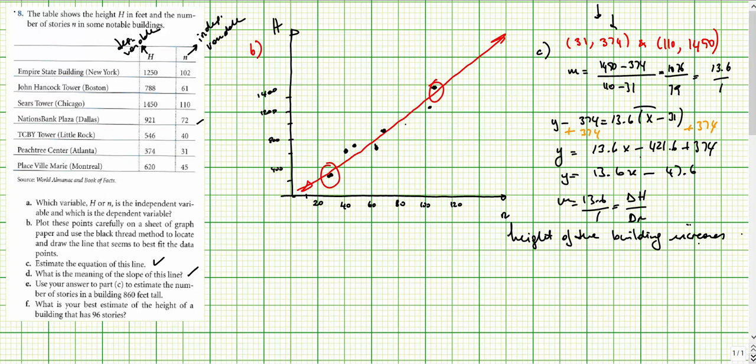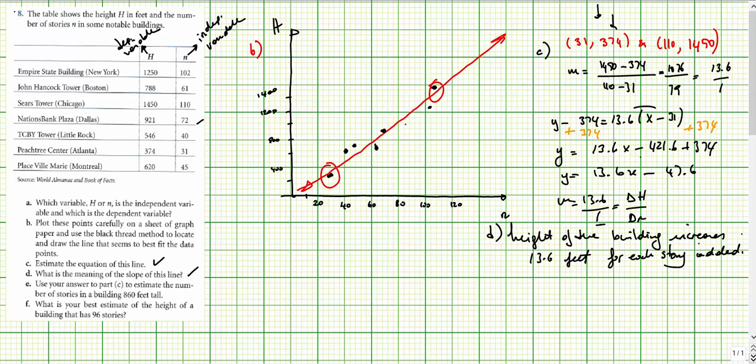It is a positive slope, 13.6 feet approximately for each story added to the building. All right, so this is my answer for D.